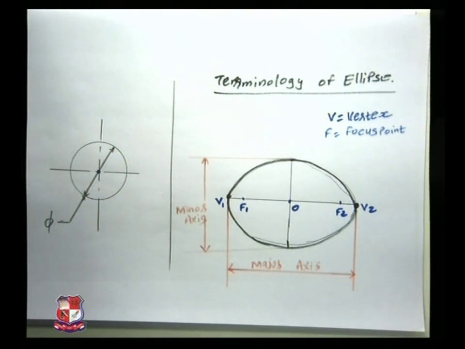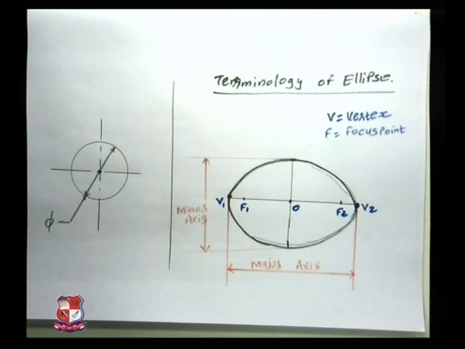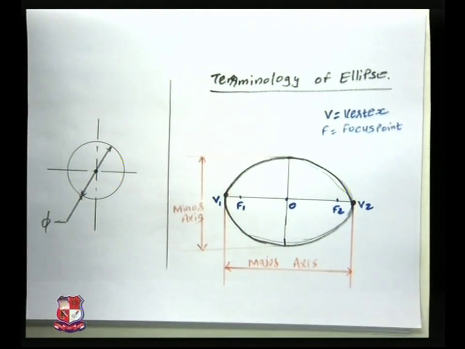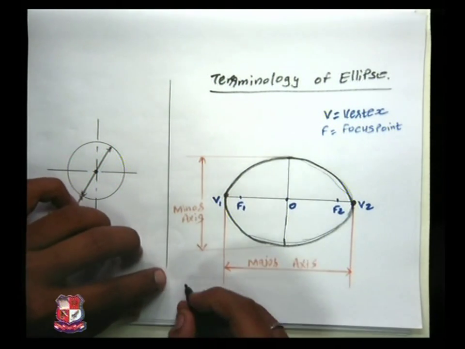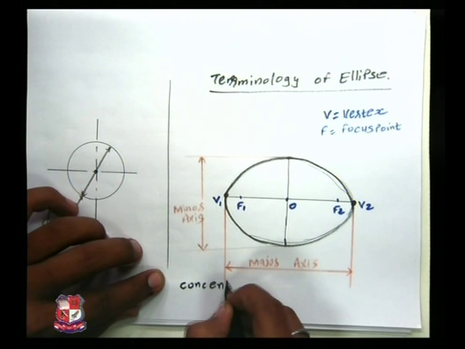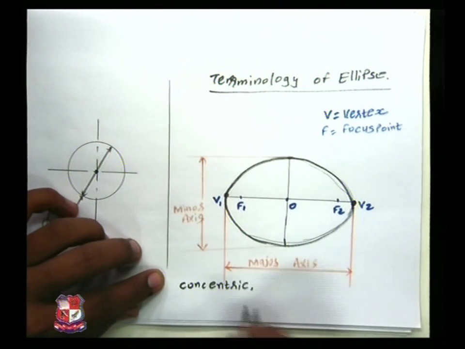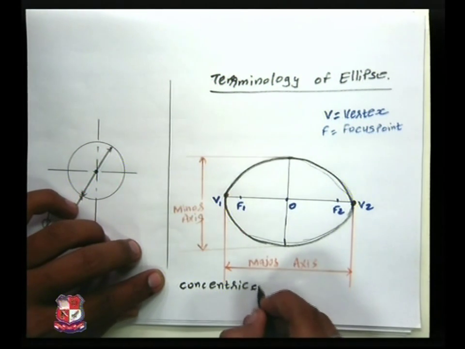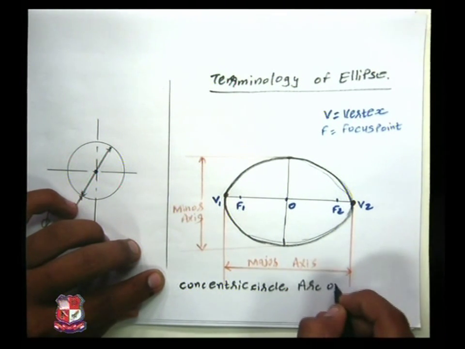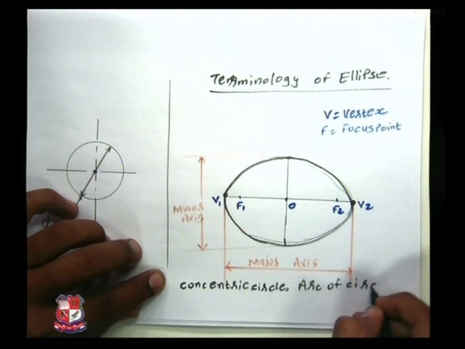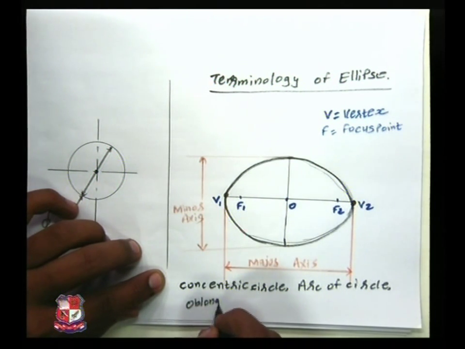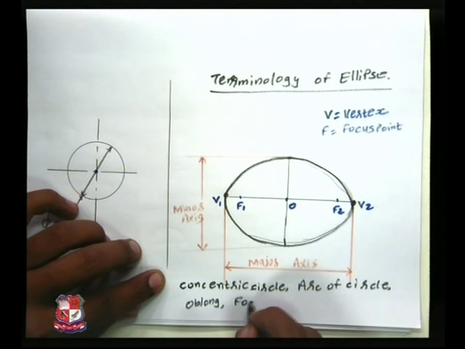Now what are the different methods we can use to draw the ellipse? We can draw an ellipse using various methods: concentric circle, arc of circle, oblong, and focus directrix.